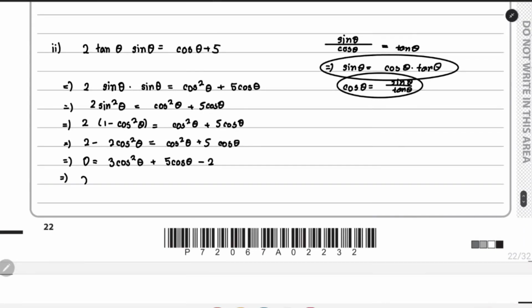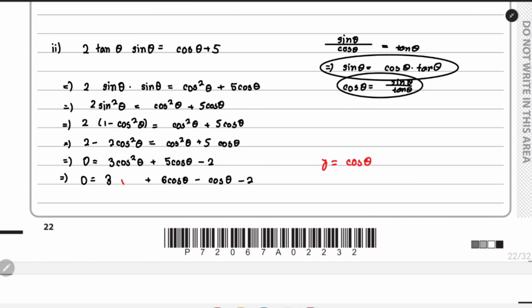We can solve this quadratic directly. We'll have 0 equals 3 cos square theta plus 6 cos theta minus cos theta minus 2. If you don't feel comfortable working this as a quadratic, you can hold something like this: y equals cos theta.